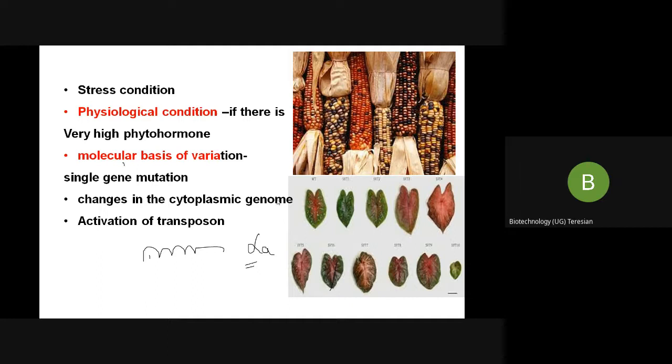The chloroplast. Okay, you know the plant has the chloroplast where photosynthesis is occurring. Sometimes it is observed that some plasmids get extra chromosomal material integrated into the mitochondrial genome. So again, I have to draw it and show you.